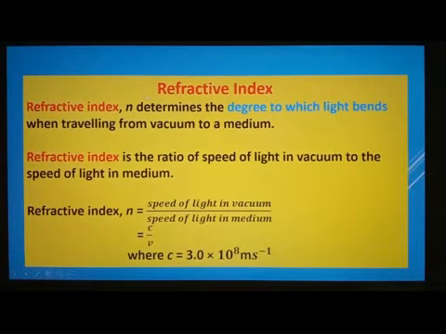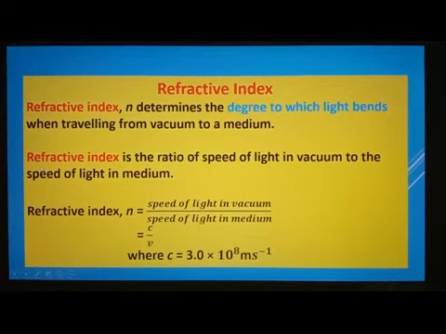Okay, now we want to discuss further about refractive index. Just now we discussed that the refractive index is the bending ability of the medium. The denser the medium, the more the light ray will be bent. So refractive index n determines the degree to which light bends when traveling from vacuum or air to the medium.